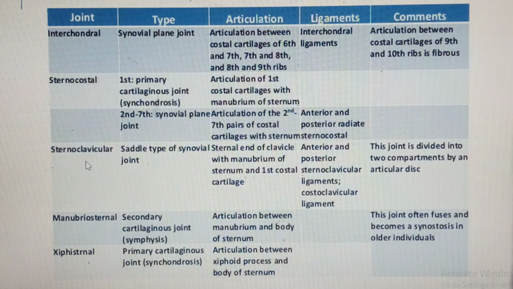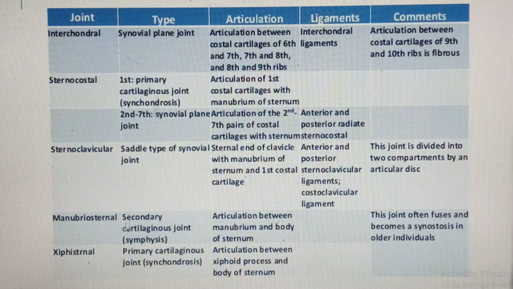Then we have the sternoclavicular joint, which is a saddle type of synovial joint between the sternal end of the clavicle, the manubrium of the sternum, and the first costal cartilage. Later we have the anterior and posterior sternoclavicular ligaments associated with it, and the costoclavicular ligaments.